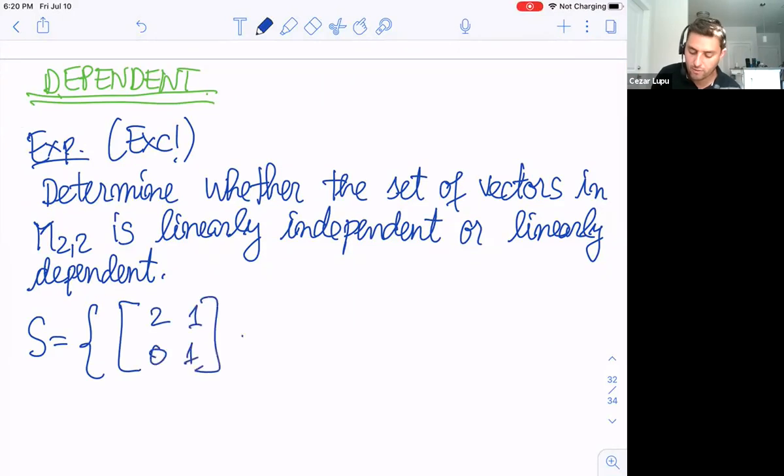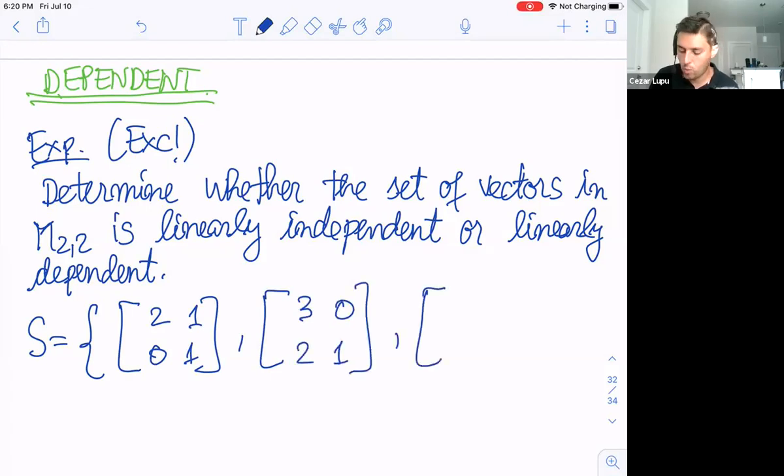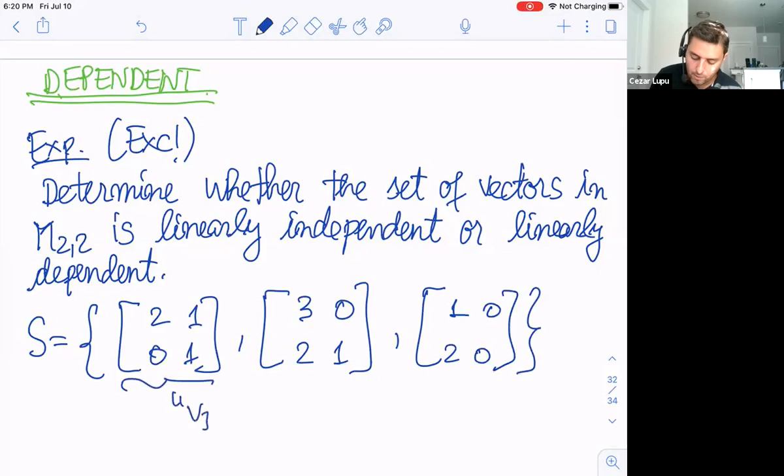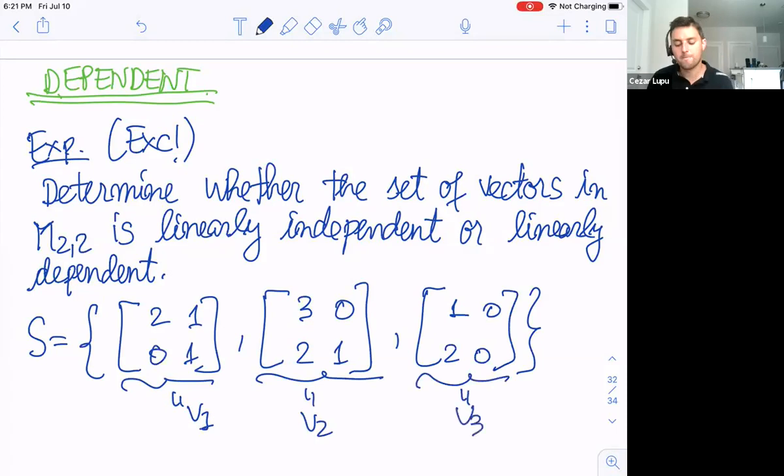This is my first vector, which is a matrix. This is 3, 0, 2, 1. And the last one is 1, 0, 2, 0. So this is V1, this is V2, and this is V3, right?